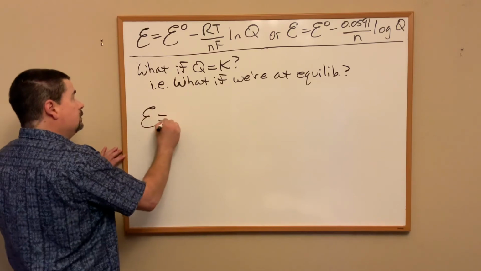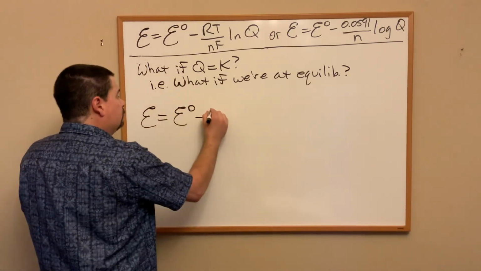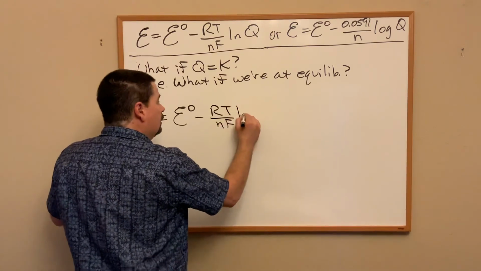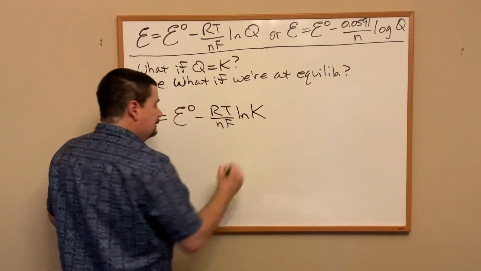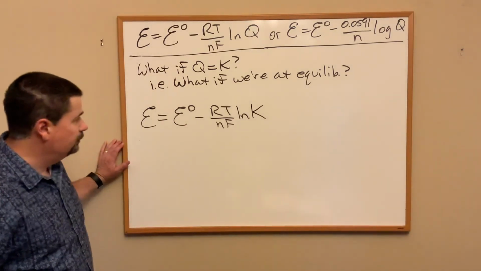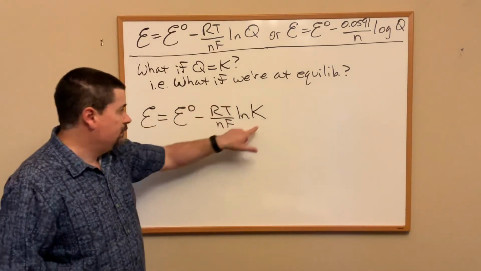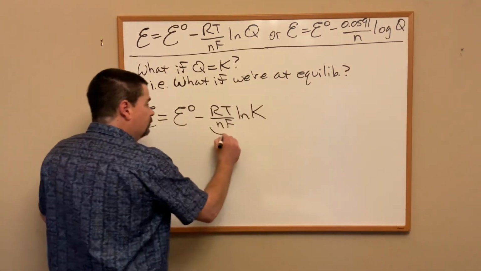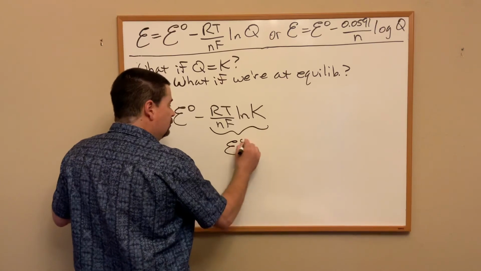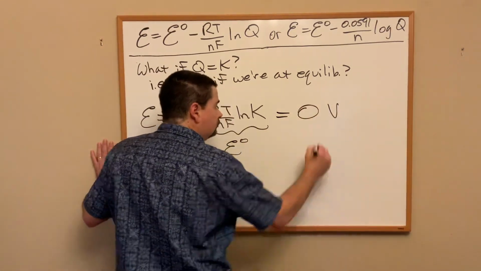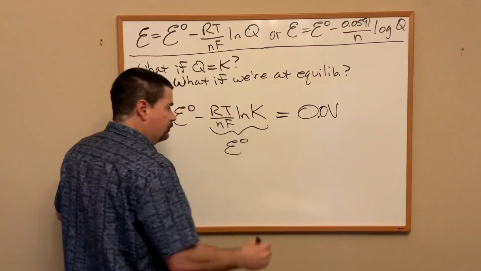We've got E equals E naught minus RT over NF, ln of K, but this right here is just delta G over NF, which is just E naught. So that would equal 0 volts, 0.0 volts.